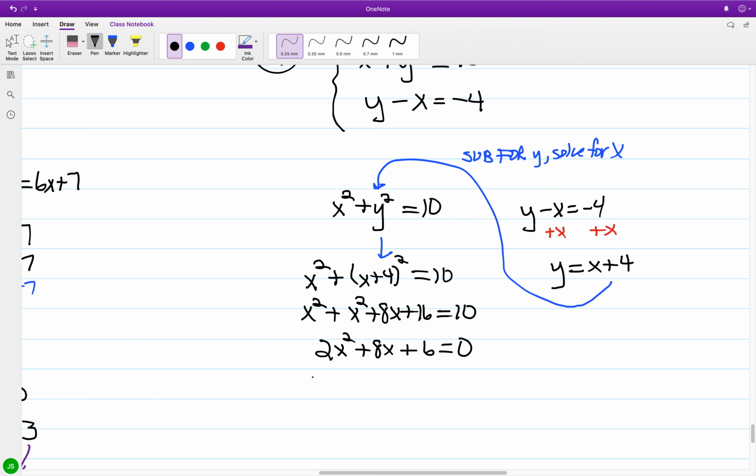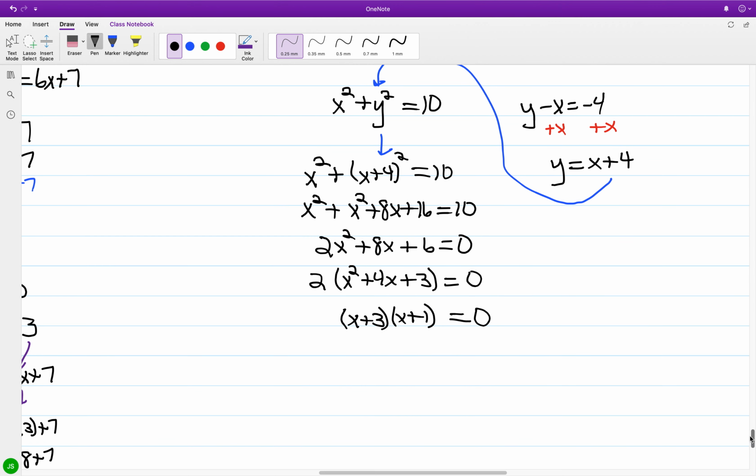And if I factor out 2, the 2 doesn't do anything for us, it's just a coefficient. However, for the variable factors, I have the quantity x plus 3 and the quantity x plus 1 equal to 0.